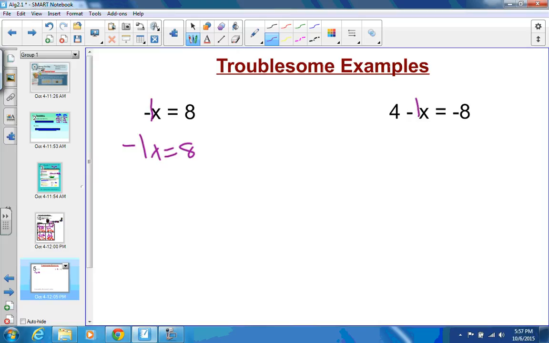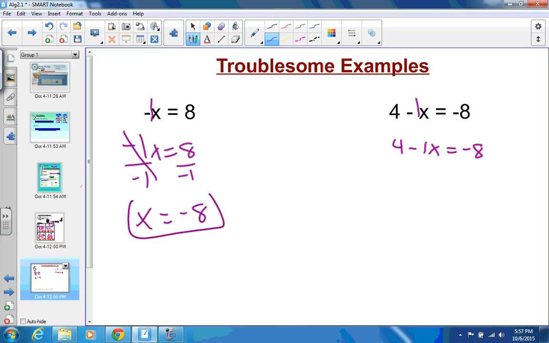Oh, that's okay. So 4 minus 1x equals negative 8. So this one right here, it's the number multiplied by x. We're going to divide both sides by negative 1. We get x, these cancel out, equal to 8 divided by negative 1 is negative 8.